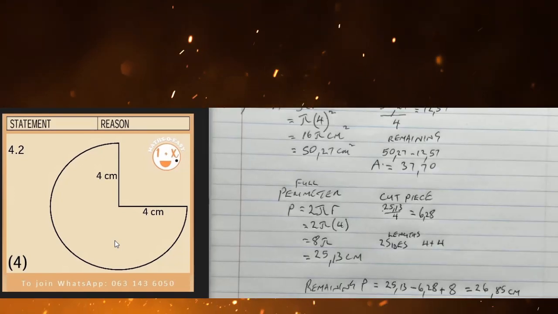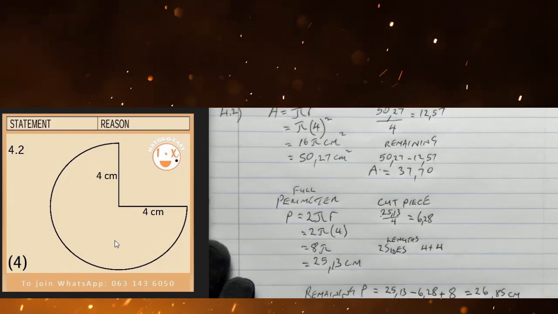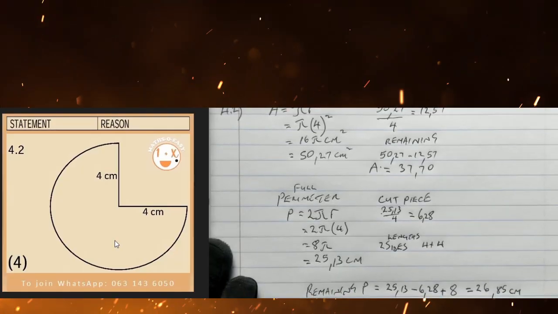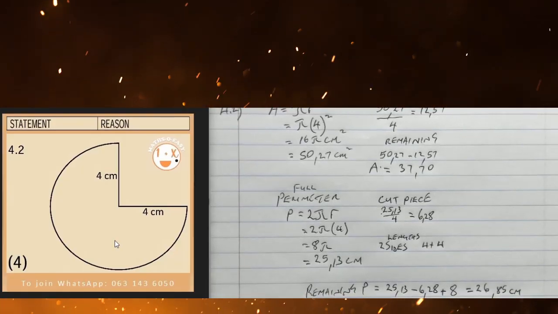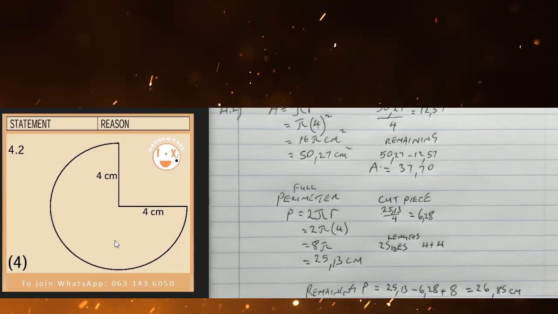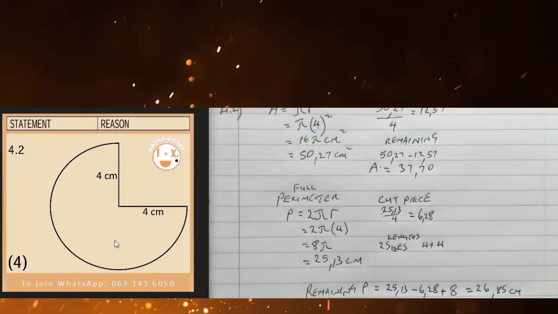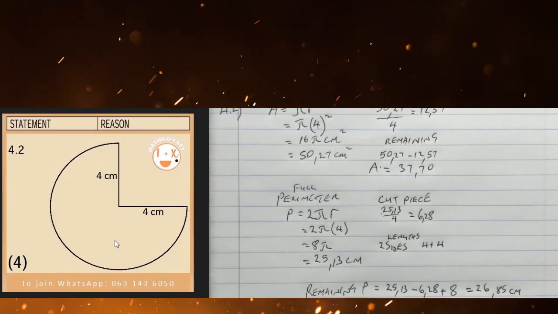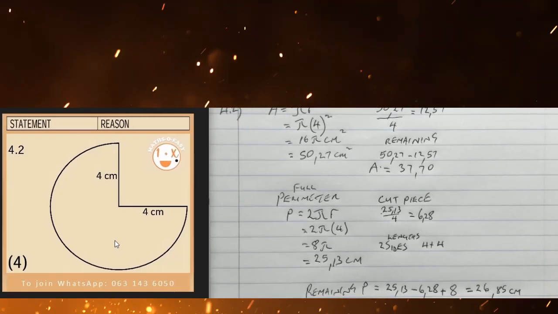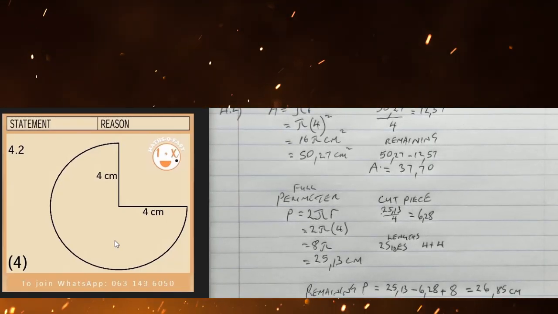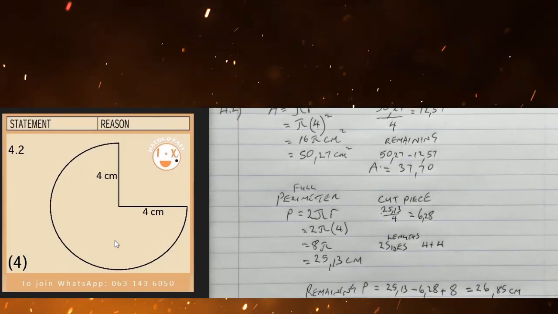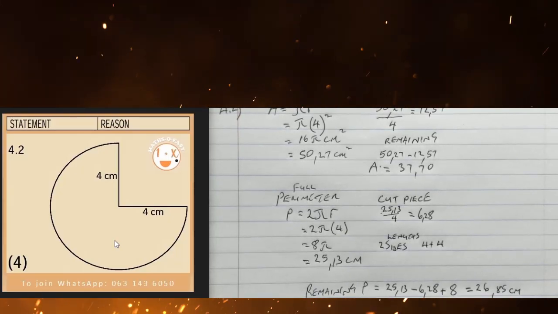Then you come to 4.2, and you say, oh, it's too involved. No, let me leave this one. Let me do my extra fun, maybe my congruency and similarity, then make this one the last one, okay?